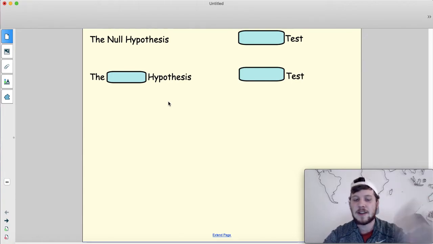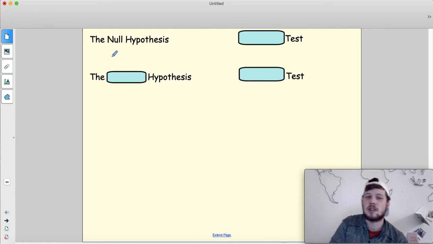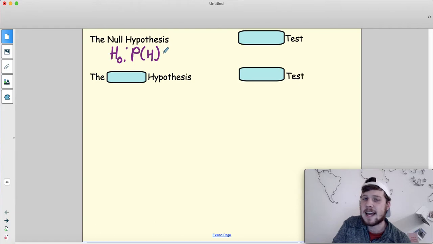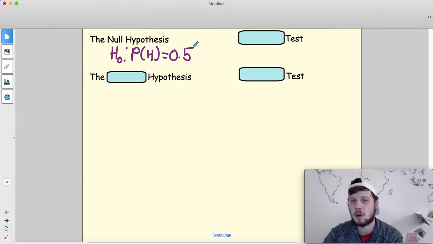If I think the coin is biased, the null hypothesis would simply state what we would originally think about the coin. It would be set up as H0, and for our coin example, we would say that the probability of getting heads would be equal to 0.5, because that is what we would expect whenever we toss a coin, given it wasn't biased.